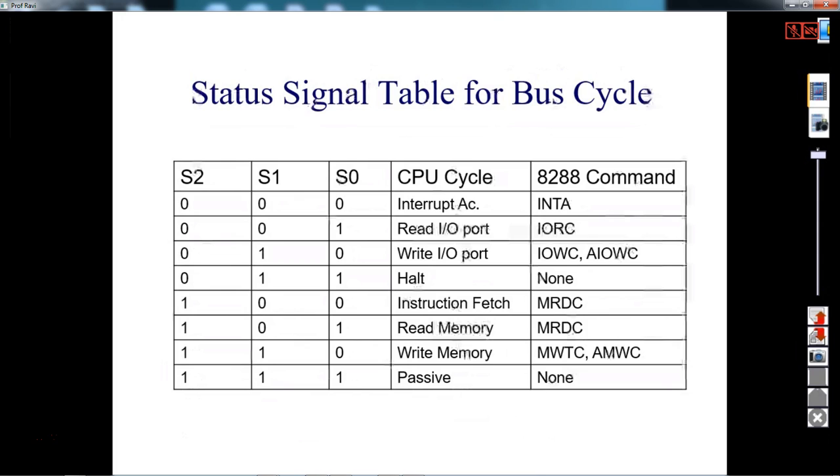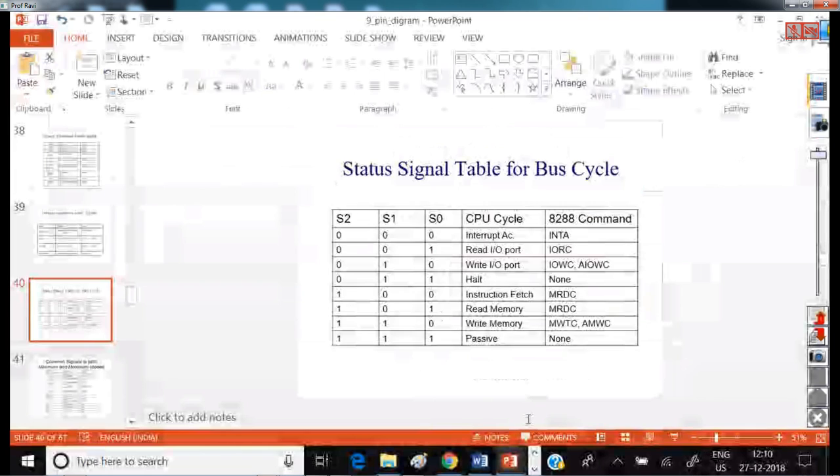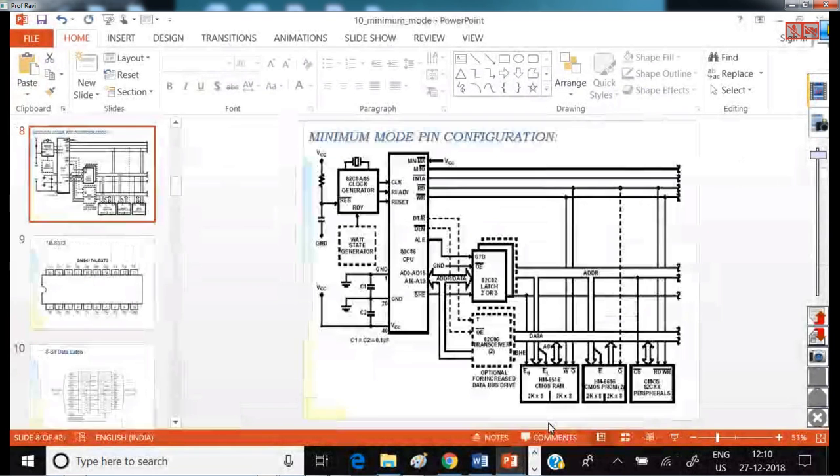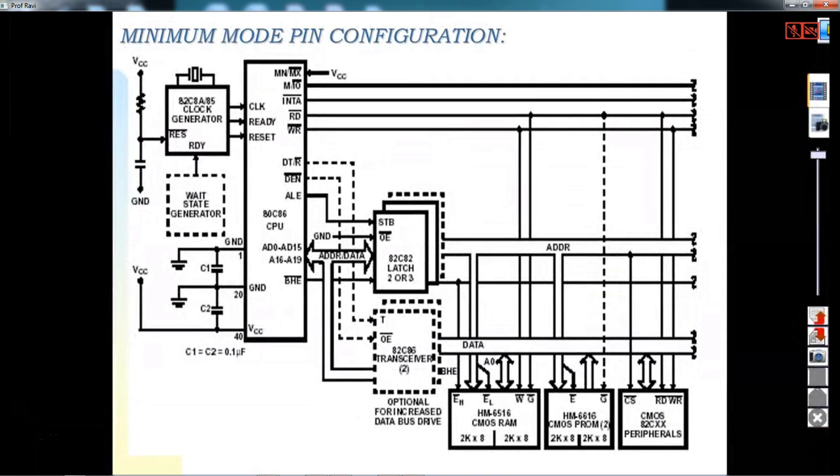Okay, coming to my previous slide, the minimum mode of operation. Now you can identify these pins which we discussed up to now. This is read bar, write bar and M by IO bar in combination; they are going to be connected to the read pin or write pin, and M by IO.